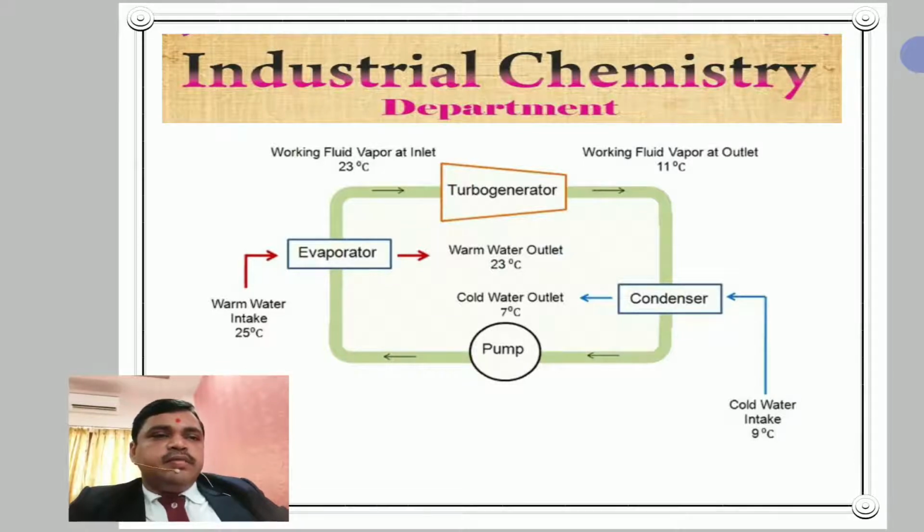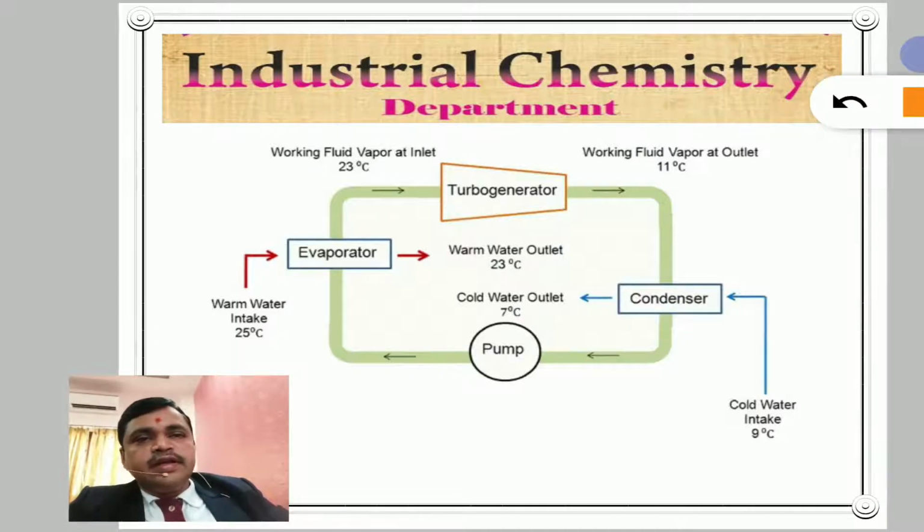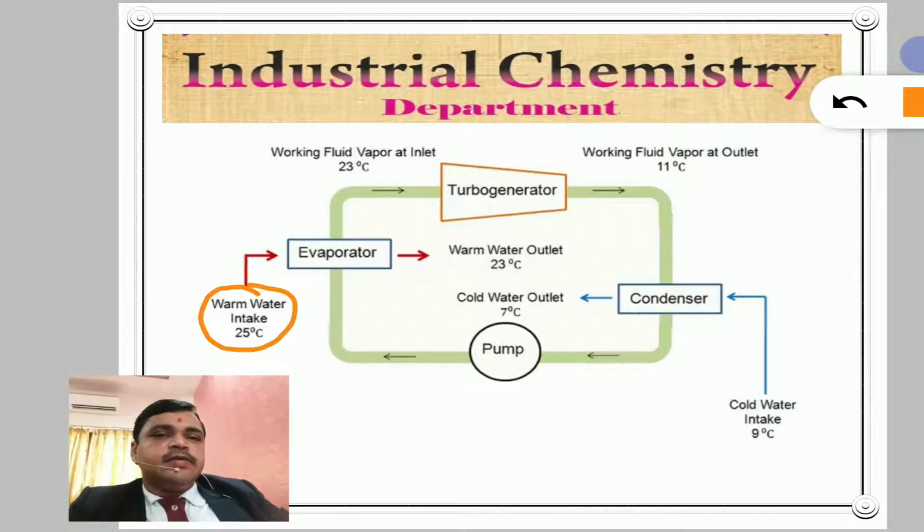We see the mechanism in this type of working plant. The intake water is around 25 degrees Celsius. Surface warm water at 25 degrees Celsius is taken into the evaporator, and in the evaporator one cycle continues, and this temperature is converted into 23 degrees Celsius.